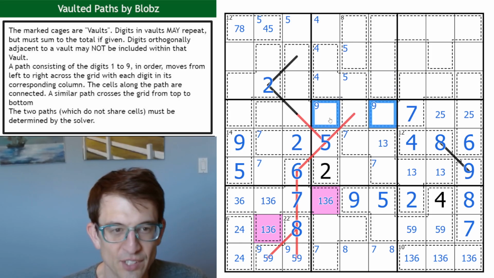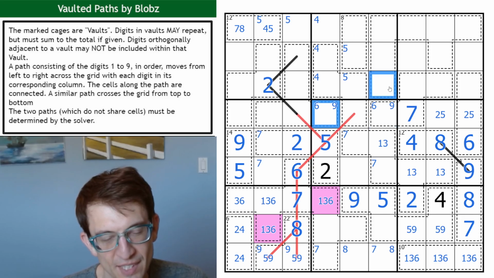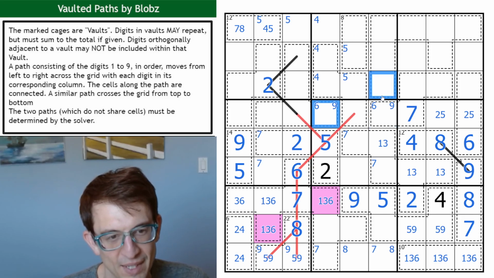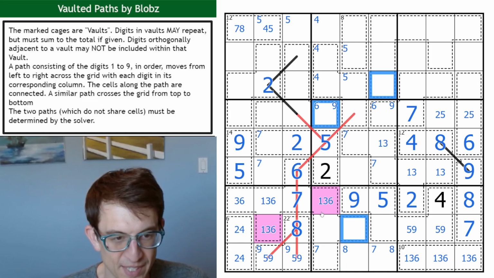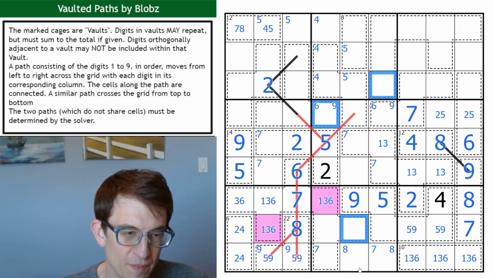So 6 is actually one of these. If it's here, it's here. Is that an issue? It can be here by the vault rule, because 6 is definitely in this cage. 6 by the vault. Oh, it's here.